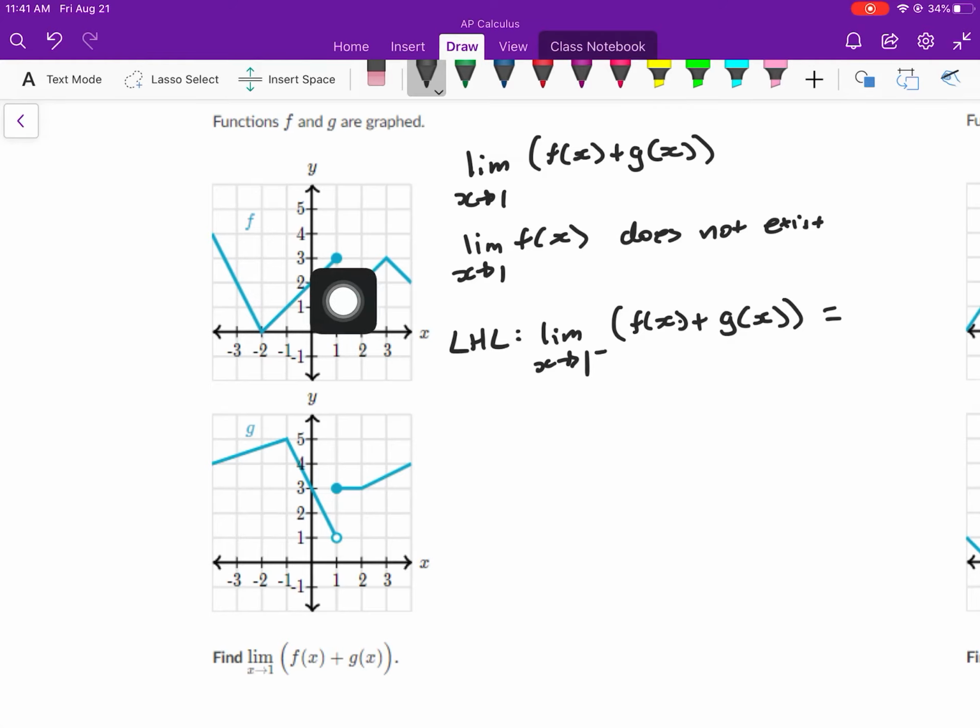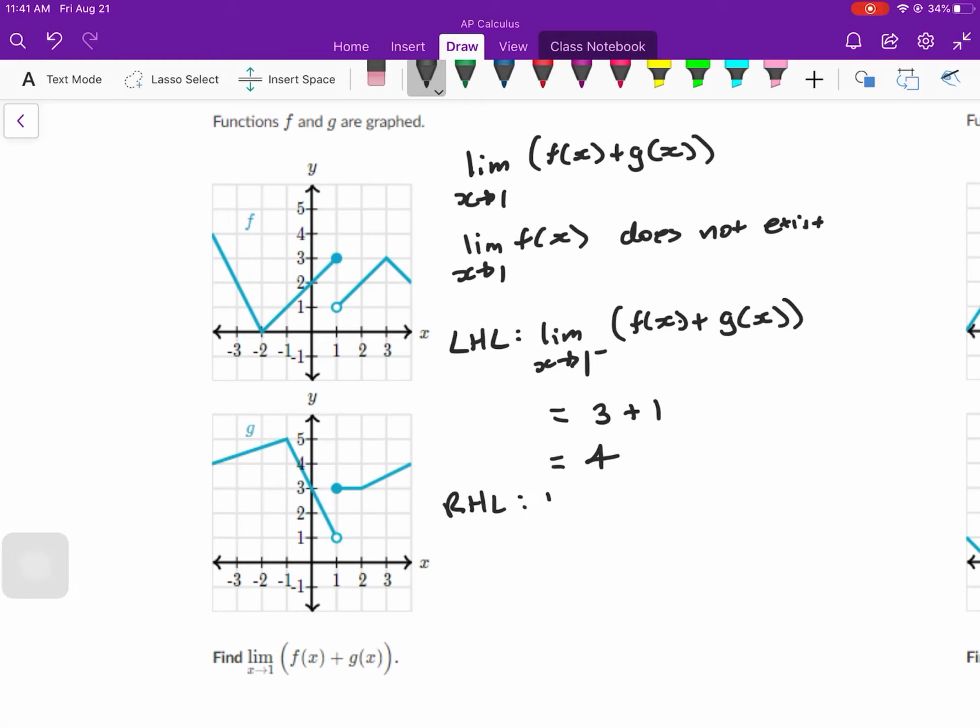As we approach 1 from the left on f, we get 3, plus, as we approach 1 from the left for g of x, we get 1. So that's 3 plus 1, which is 4.